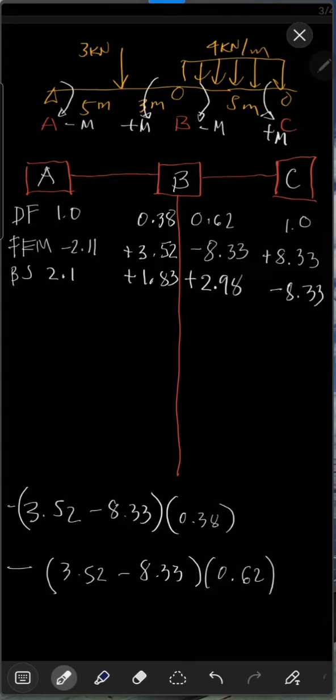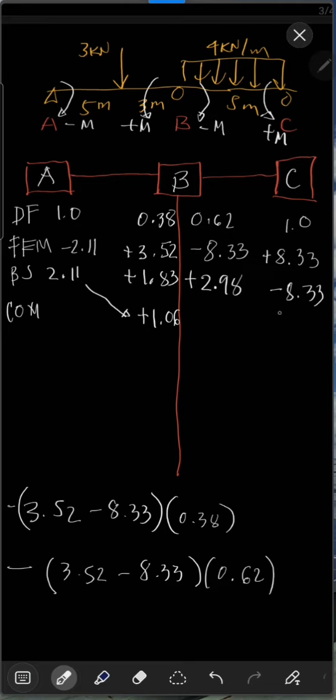Okay, so we're done with balancing the joints. Next is the carryover moment. You carry it from left to right, so that is 1/2 of your moment. Half of 2.11, we have positive 1.06.